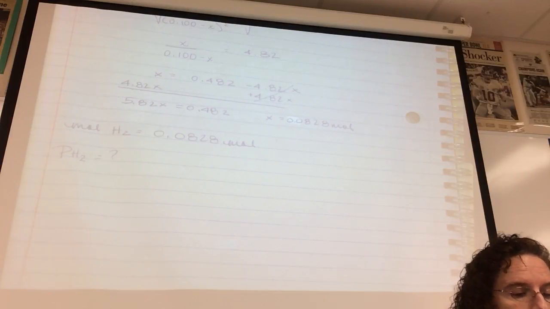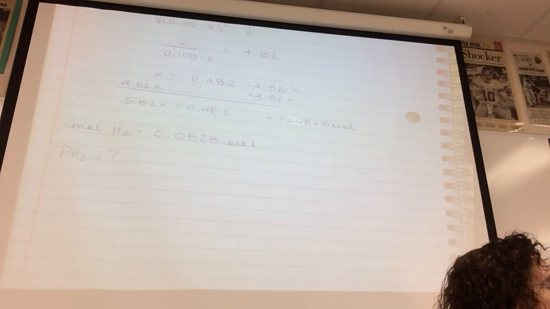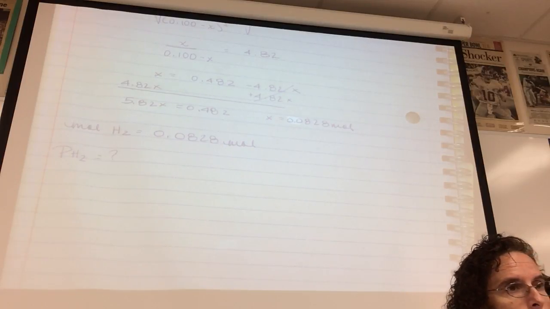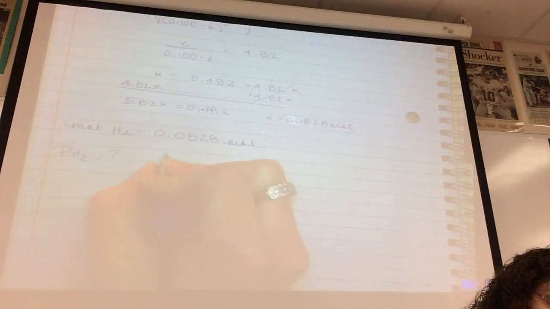How do you solve for pressure? You have moles, you have R, you have T. It's as easy as it sounds, guys. PV equals nRT, right?